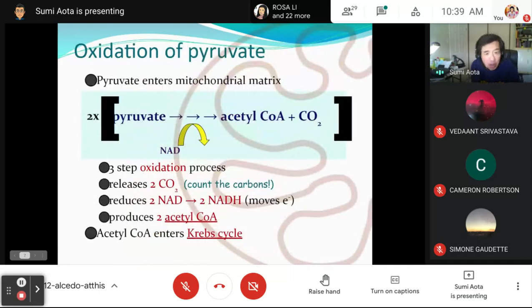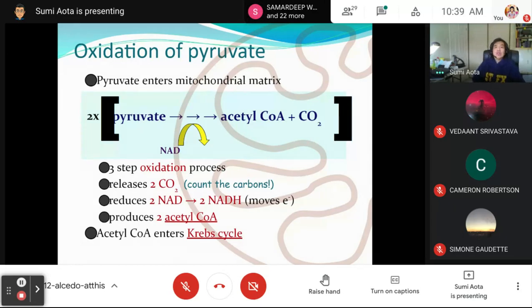So stage 2 is the oxidation of pyruvate. The reason that we need to modify pyruvate in order to complete the rest of cellular respiration is that pyruvate cannot cross the mitochondrial membranes.